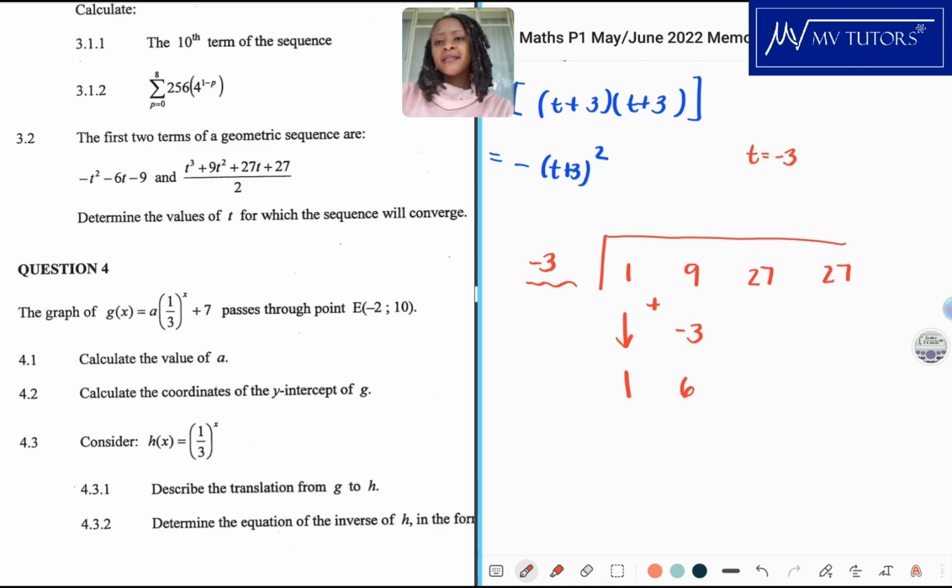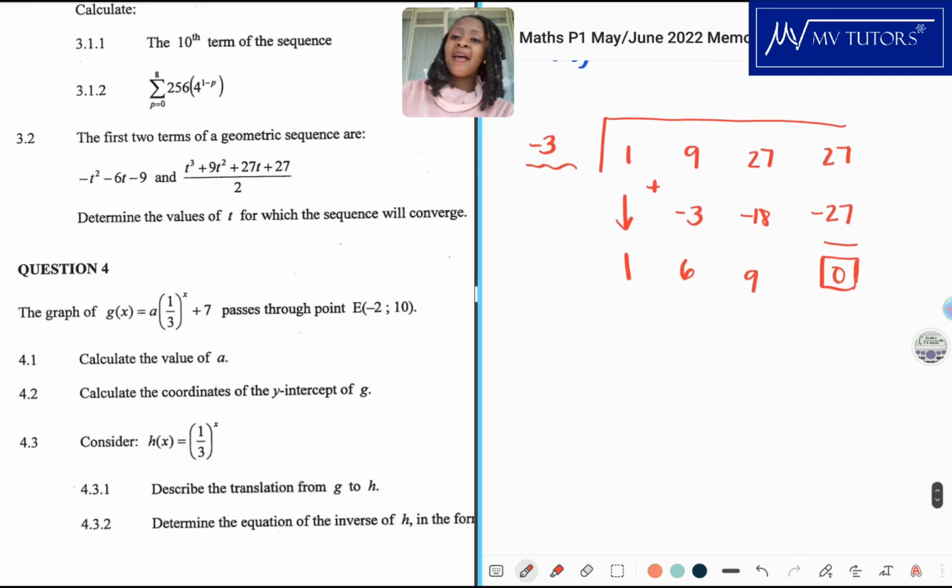Then I take 6 times -3, that is -18. 27 plus -18 will give me 9. Then -3 times 9 will be -27. And at the end here, you must always get 0. If you don't get 0 here, there's a problem. So 27 minus 27 is 0.